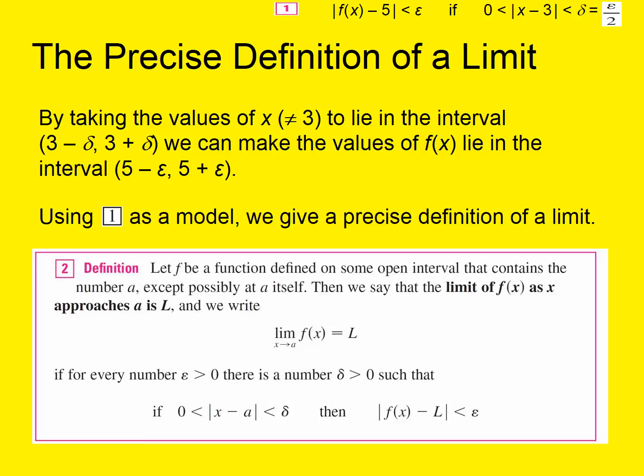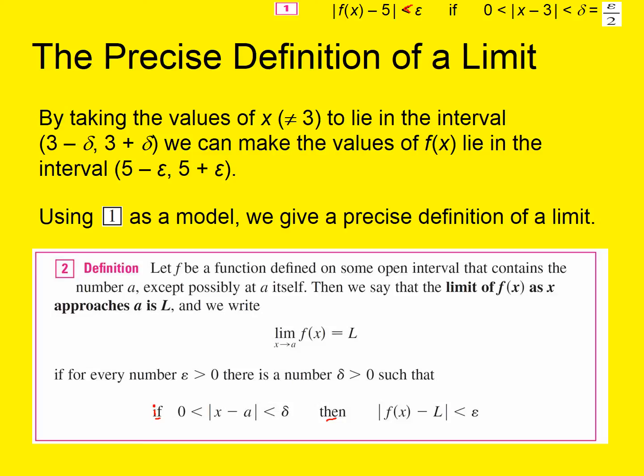Notice here that in this case they wrote the if-then in the more common order. Okay, if and then. We have been working with the then, and then the if.